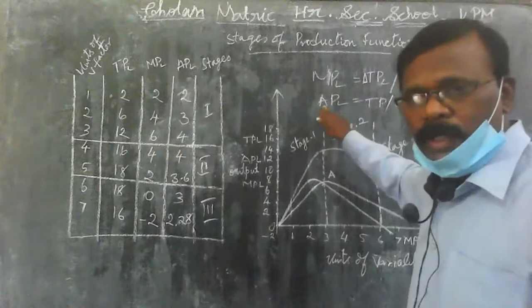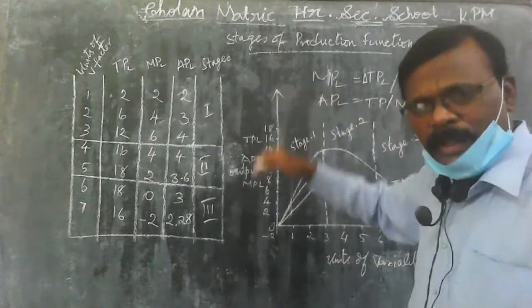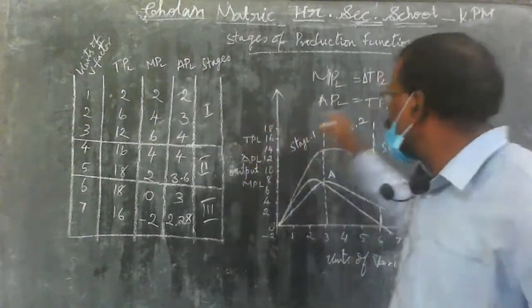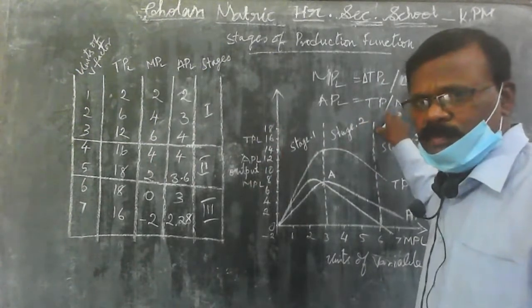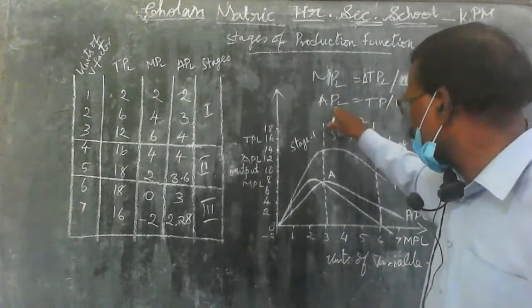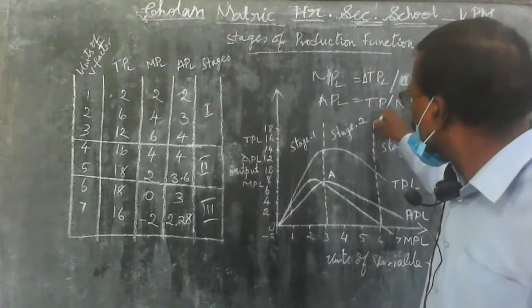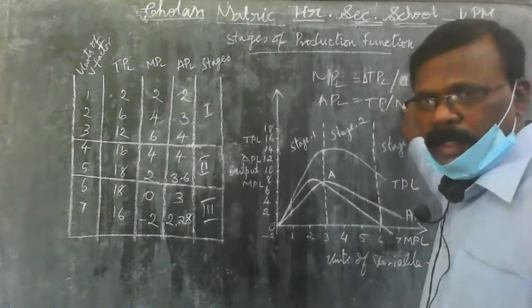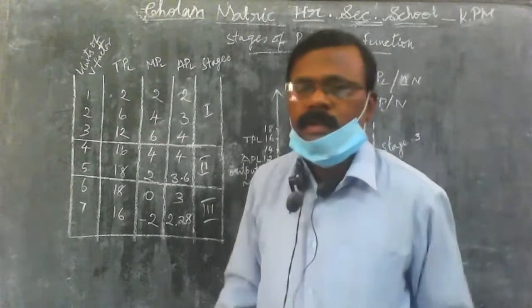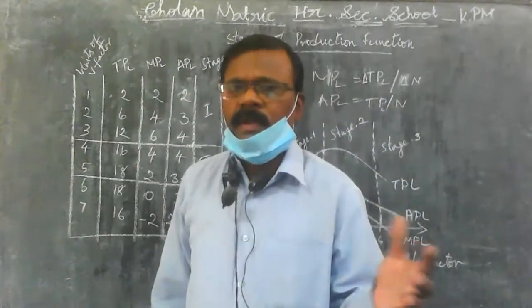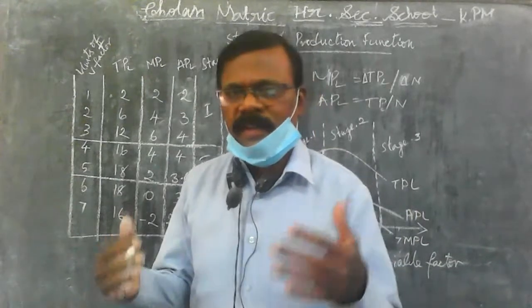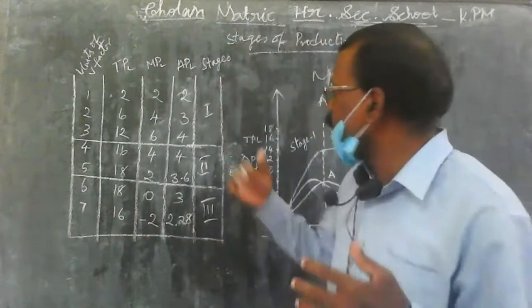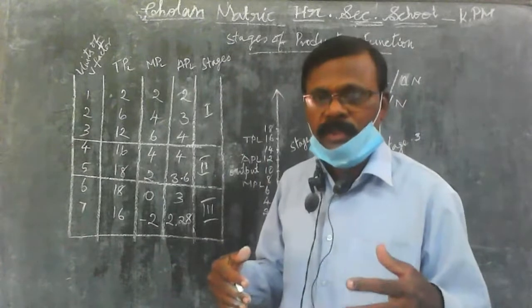And the average product is the result of the total product divided by the number of units of variable factor. So APL is equal to TPL divided by N. These are all the things needed to understand the short run production function, which explains the stages of production.